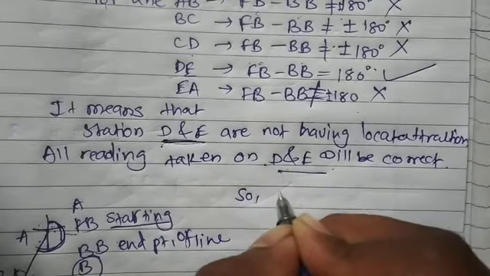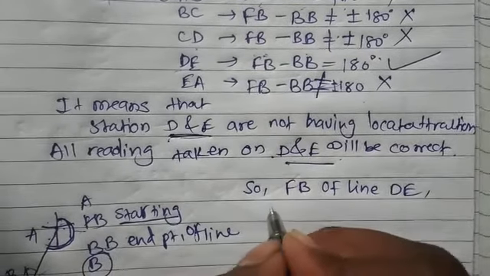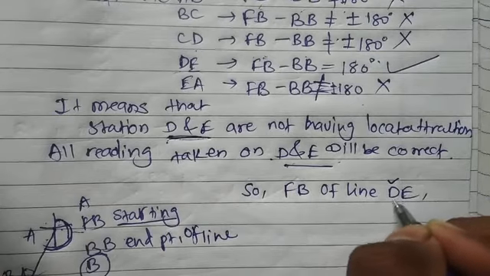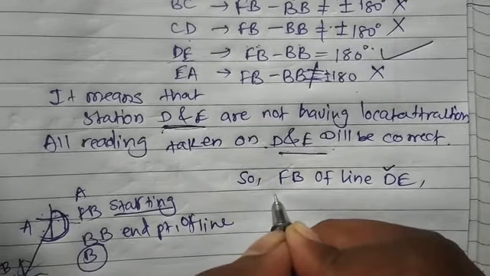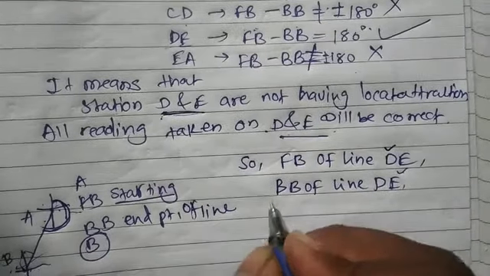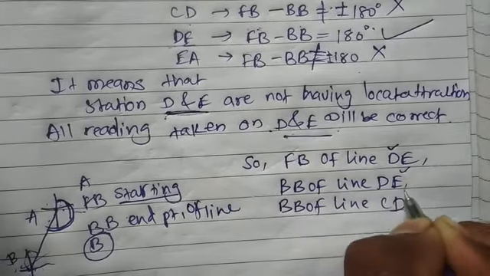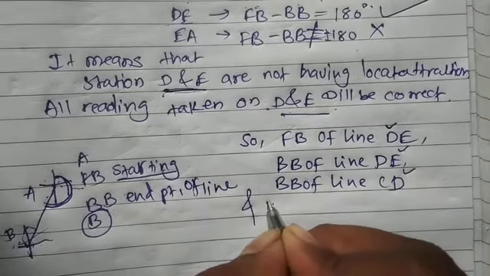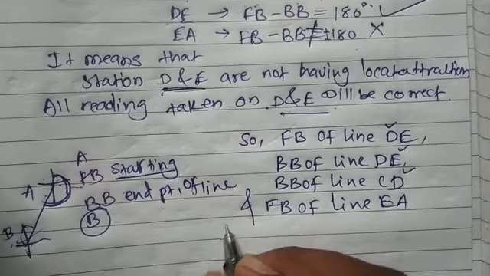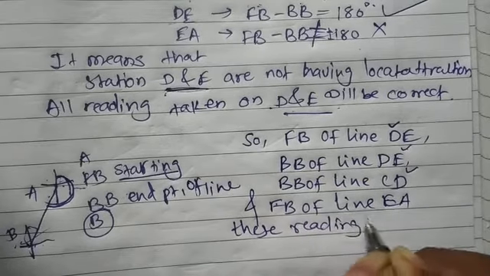The fore bearing of line DE will be taken at D, or it must be taken from D. The back bearing of line DE is taken at E. Then the back bearing of line CD is taken at D. And the last one, the fore bearing of line EA. These readings must be correct.